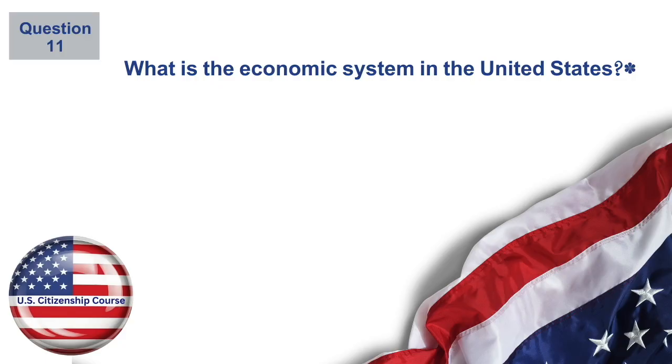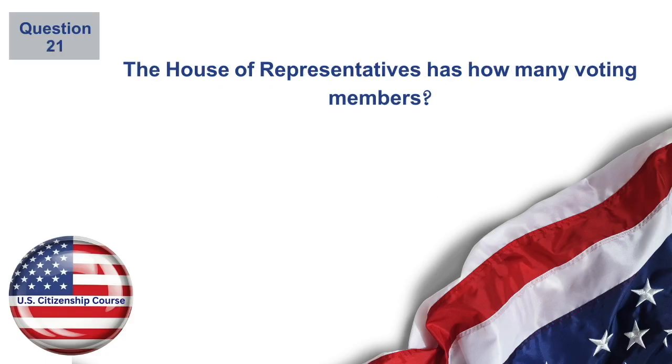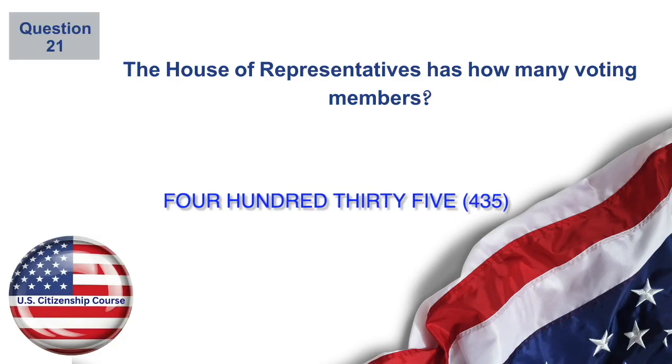What is the economic system in the United States? Market economy. The House of Representatives has how many voting members? 435.